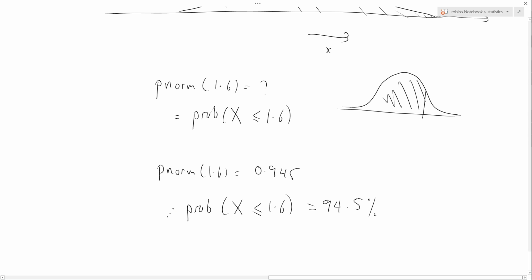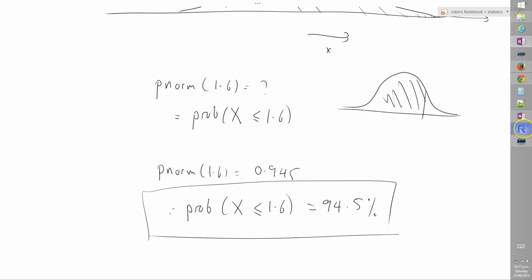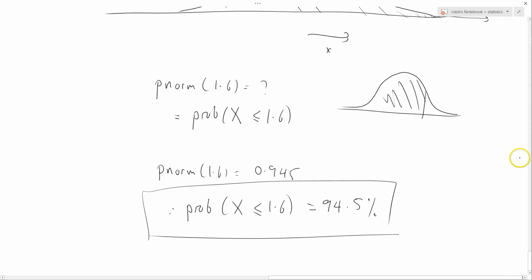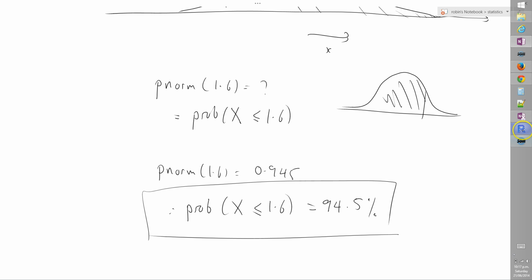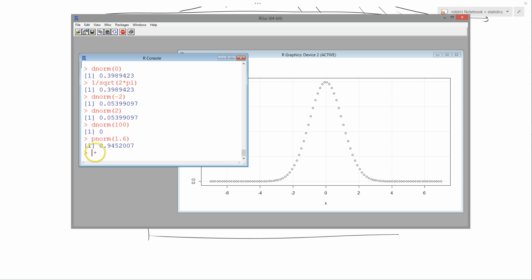Well, that's great, but let's verify it. As soon as you see a result like that, your first instinct should be: can we try random sampling and see if we can verify that numerically? So let's have a go. What I'm going to use is some random normal numbers. There they are.